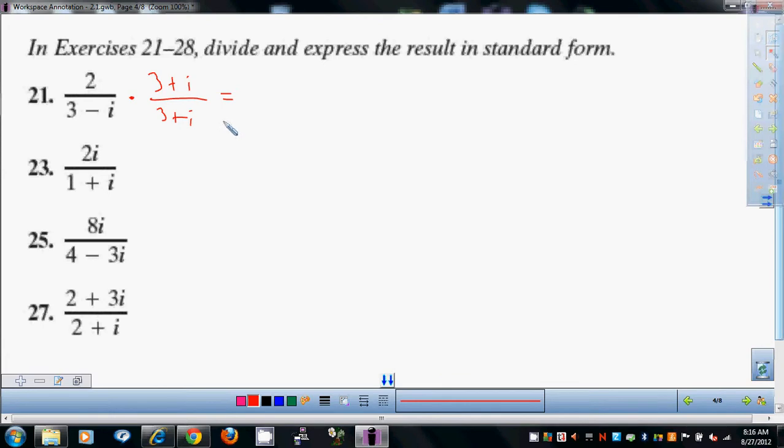If it's plus, you make it minus. If it's minus, you make it plus. You can have an imaginary in the numerator, just not the denominator. So, foiling that guy, I'm going to get 9 plus 3i minus 3i minus i squared all over 6 plus 2i.